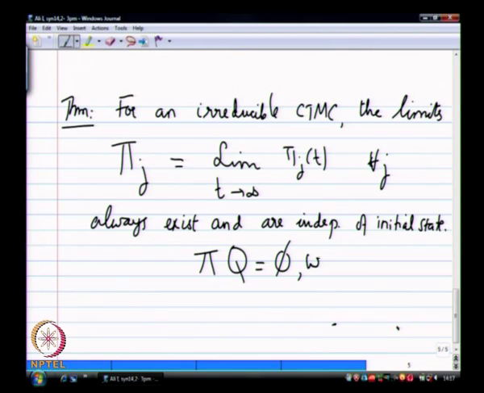So pi into Q, where pi is your vector, along with a normalizing condition: the steady state probabilities should sum up to 1. I basically need to solve this equation, just like we solved vP equals v in the other case. Here we simply solve pi Q equals 0.